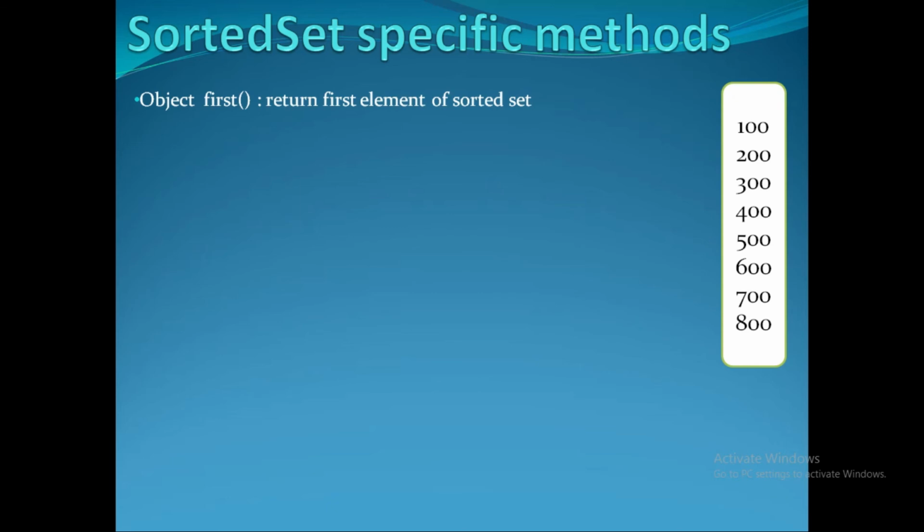This is the first method available in the SortedSet. It returns the first element of the SortedSet. So what will be the output here? 100. The next method is last. It will return the last element of the SortedSet. The output will be 800.